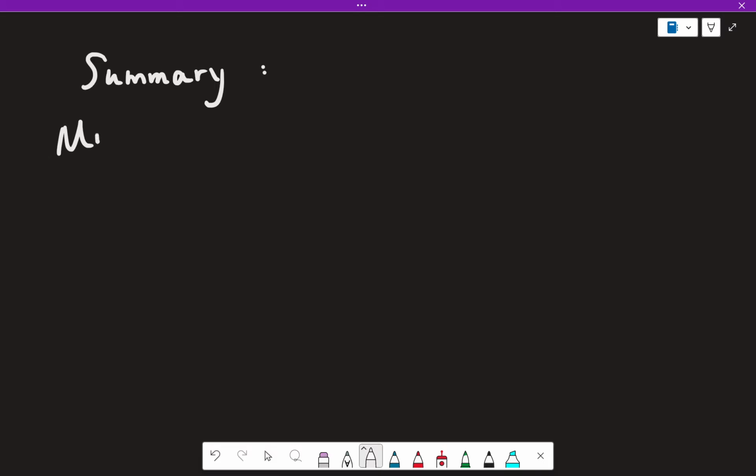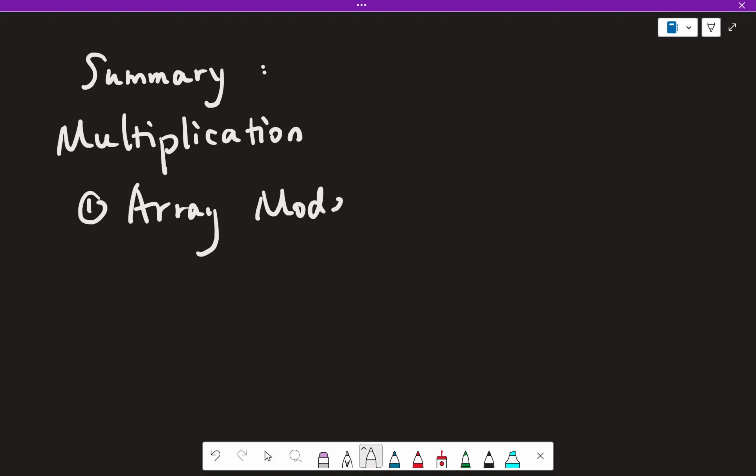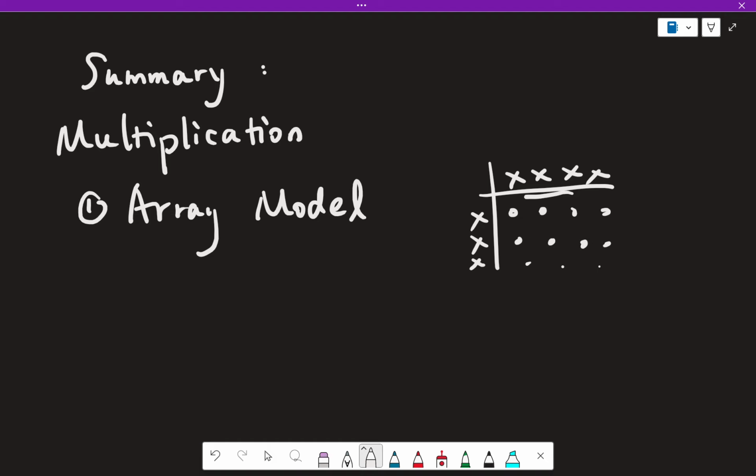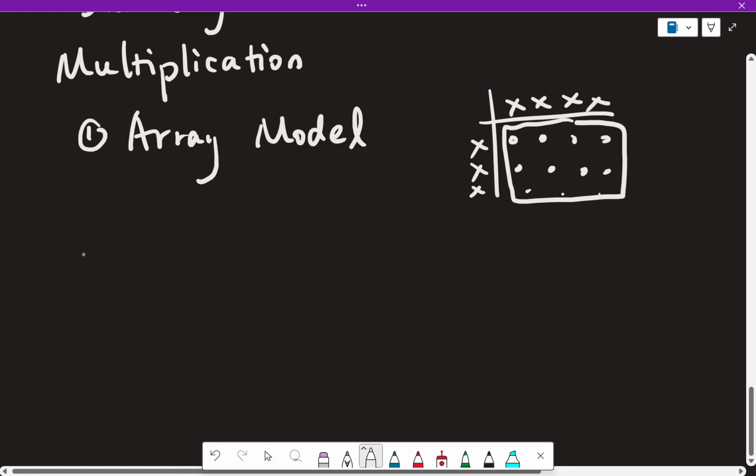So when we are doing multiplication of polynomials, we have three methods. Number one, array model, which is when we make a table like this and we list all the terms of the two polynomials respectively down here, and we multiply them correspondingly, and then we add everything in the inner part up, which will give us a result. And second, we have distributive property.